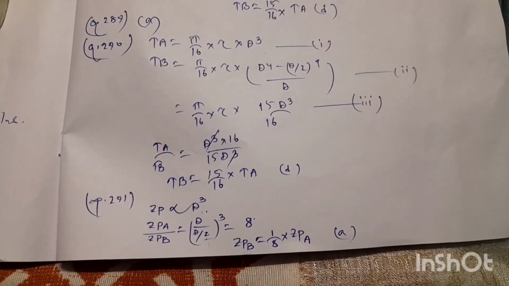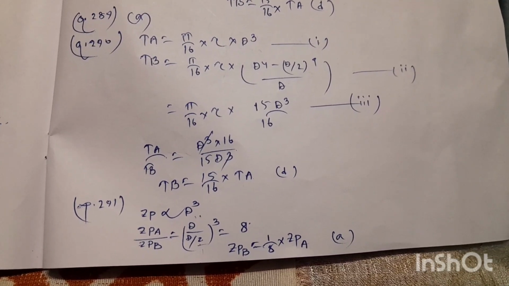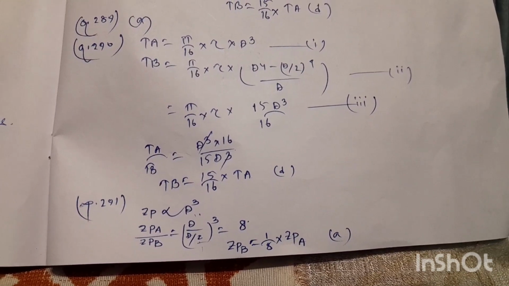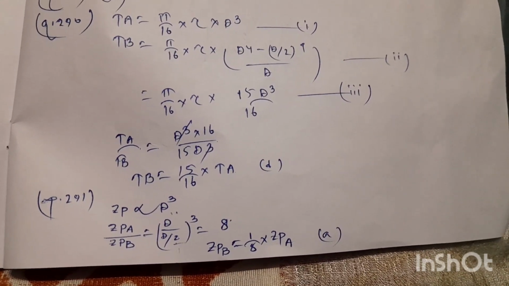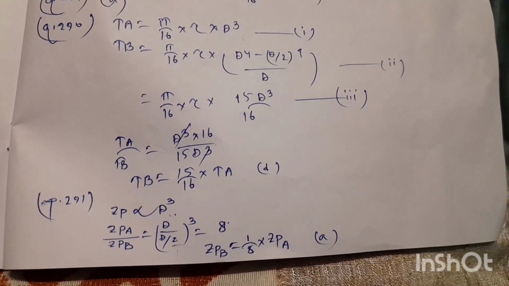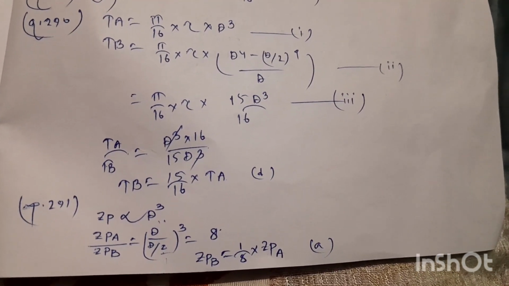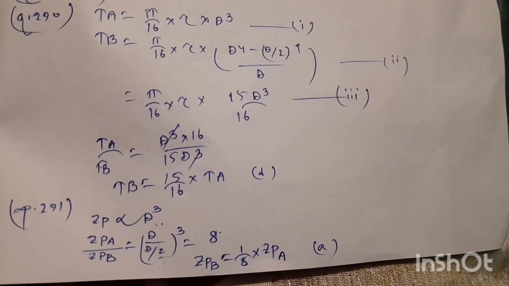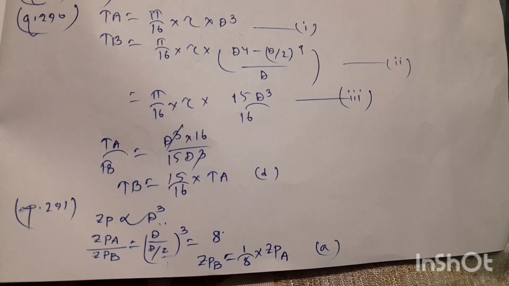So for shaft A, the polar modulus ZPA divided by the polar modulus for shaft B, ZPB, if we make the ratio ZPA divided by ZPB, will be equal to capital D divided by capital D by 2, whole to the power cube. If we calculate, we will get the polar modulus for shaft B, ZPB, equal to 1 by 8 into ZPA.